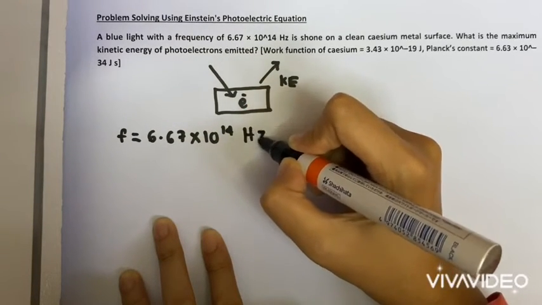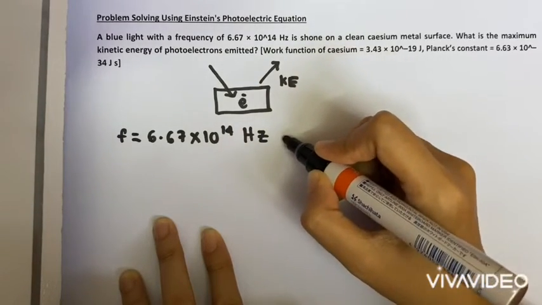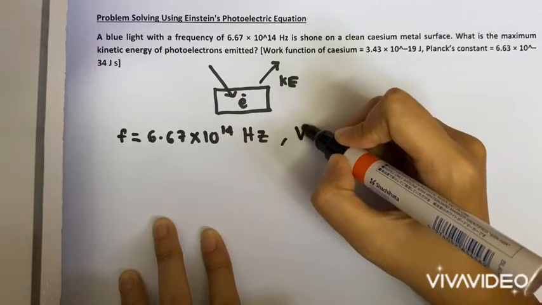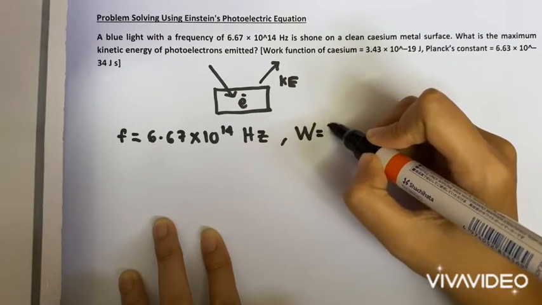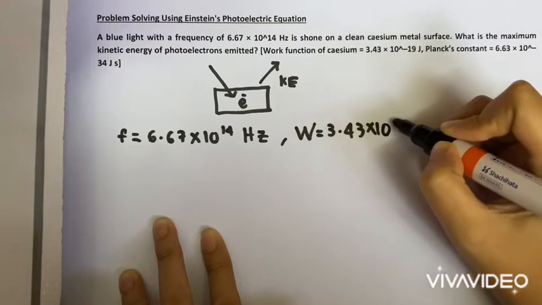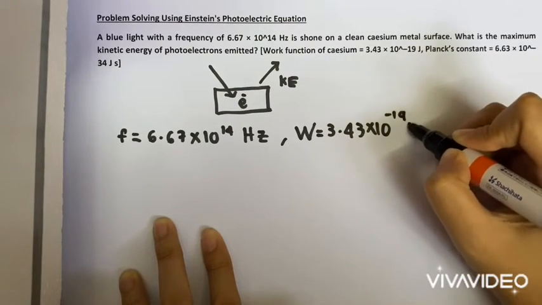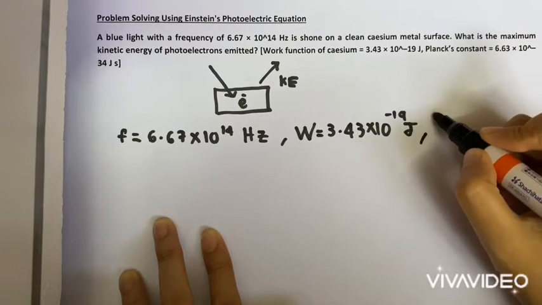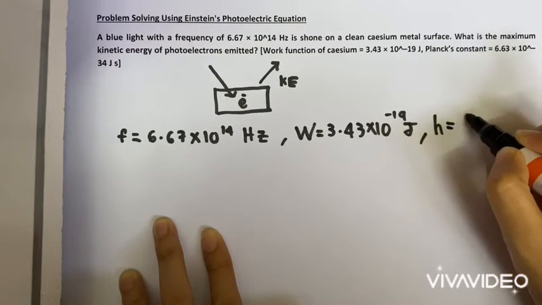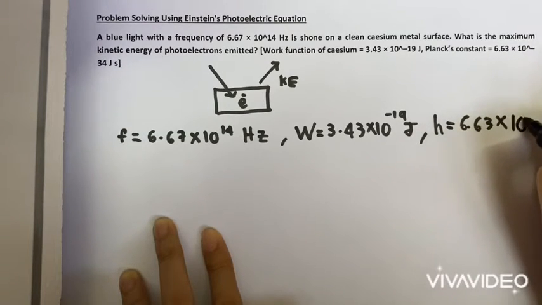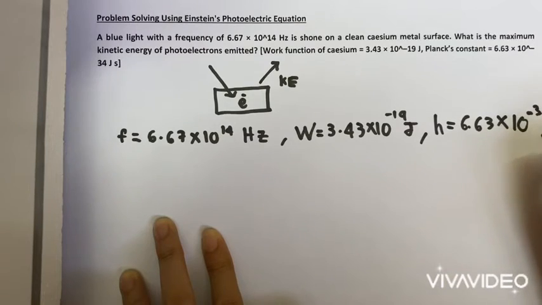This is the frequency, and then we have the work function W equal to 3.43 times 10 power of -19 joule. And this is the Planck's constant H equal to 6.63 times 10 power of -34 joule second.